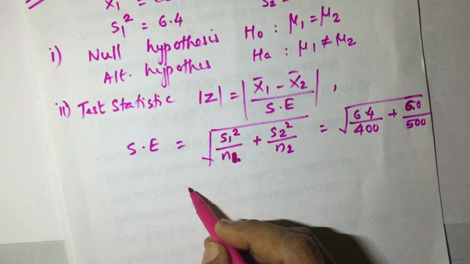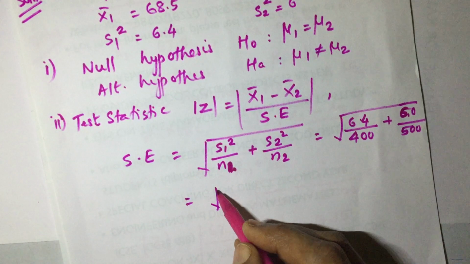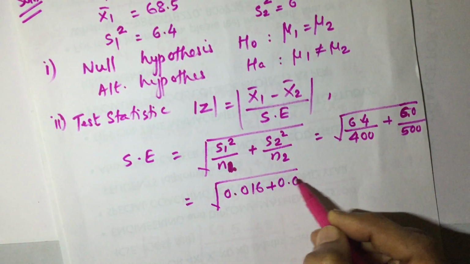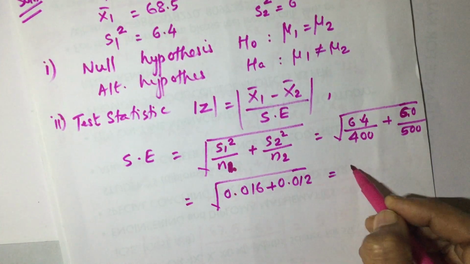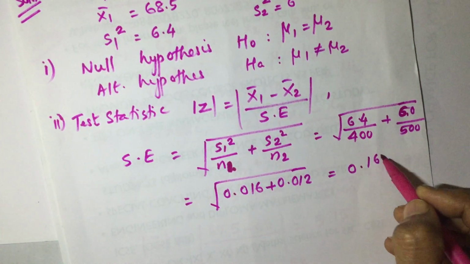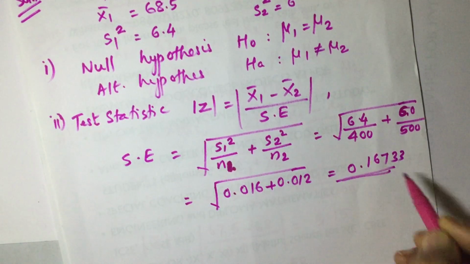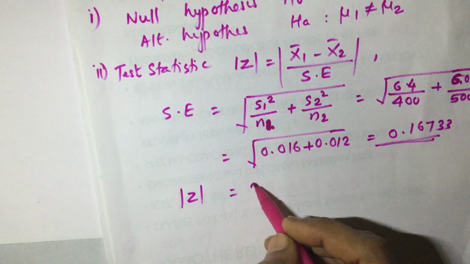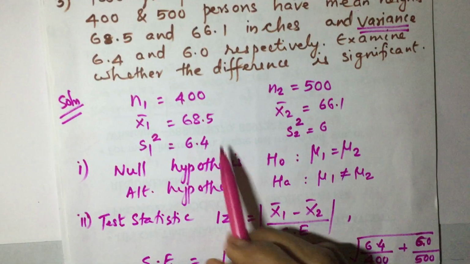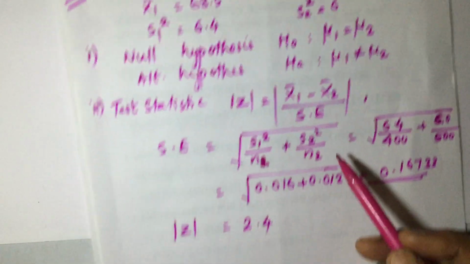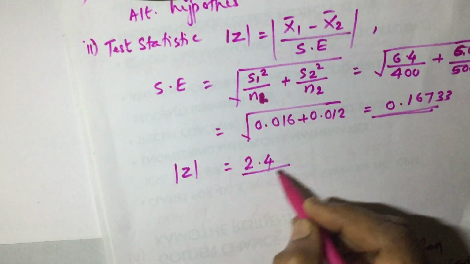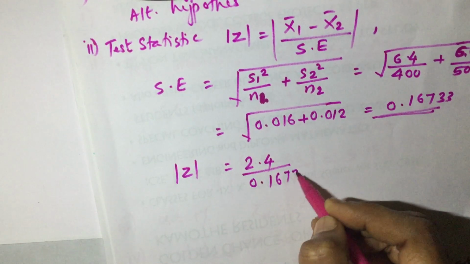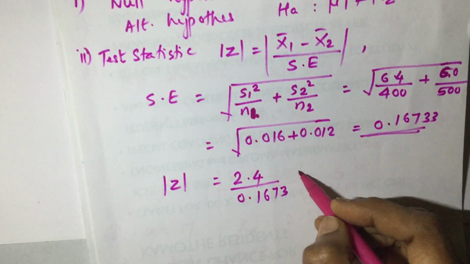On calculation you will get 0.016 plus 0.012. On further calculation you will get this as 0.1673. Therefore mod of Z will be x1 bar minus x2 bar, 2.4, divided by 0.1673.